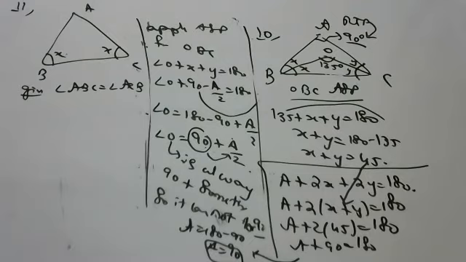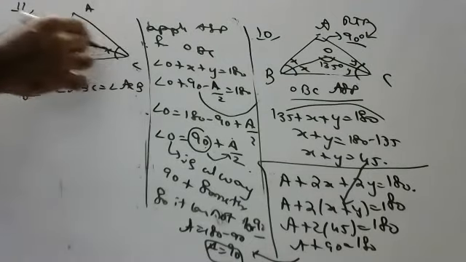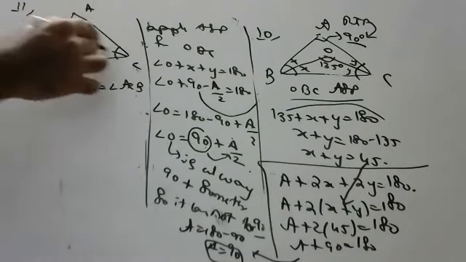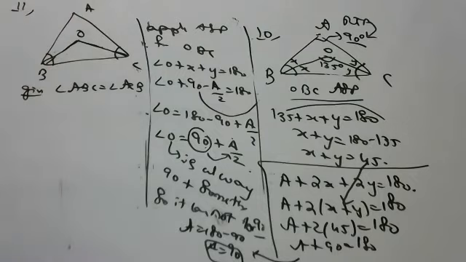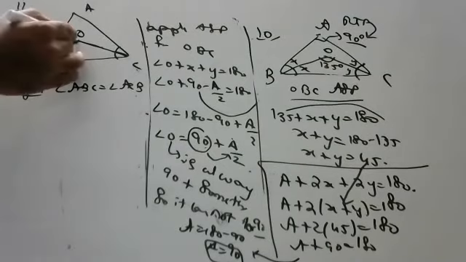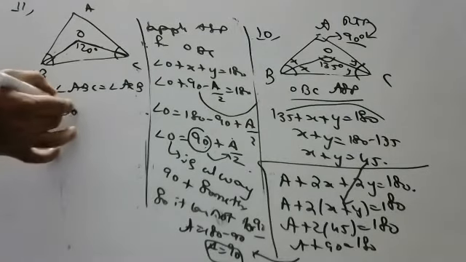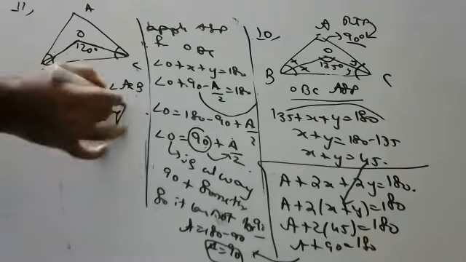And the bisectors meet at O, such that angle BOC is 120 degrees. Show that A is equal to B is equal to C is equal to 60. That is, prove that the triangle is equilateral.